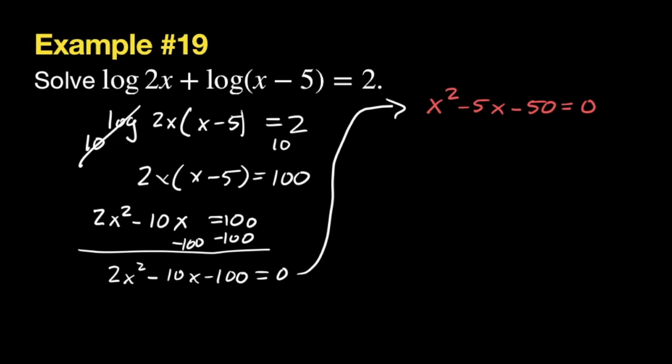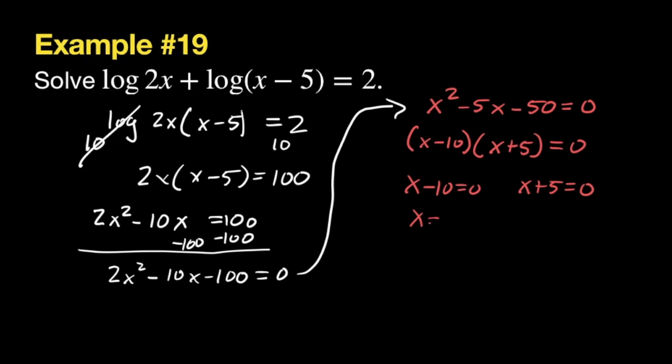You can factor this by finding two numbers that when you multiply them gives you negative 50, but when you add them gives you negative 5, and that's just going to be negative 10 and 5. So we have x minus 10, x plus 5, and that's equal to 0. So we have x minus 10 is equal to 0, x plus 5 is equal to 0. So x is equal to 10, and x is also equal to negative 5.